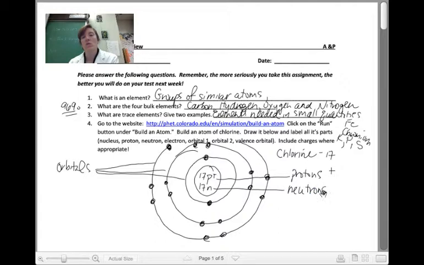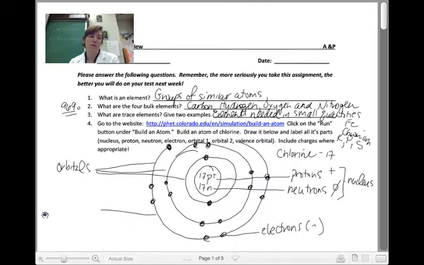Remember, neutrons are neutral, they do not have a charge, so we're going to put that indicating the no charge, and then together the protons and neutrons are the nucleus. We'll label the electrons, they get a negative charge. And then it also says to label the valence orbital. And the valence orbital is the last orbital, the one that holds the outermost electrons.